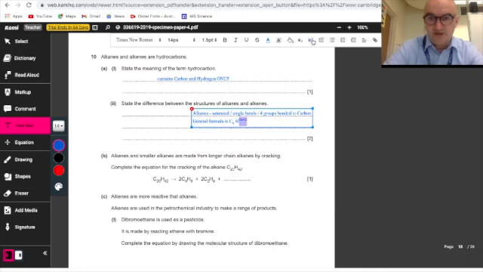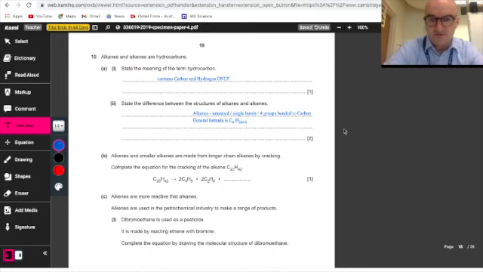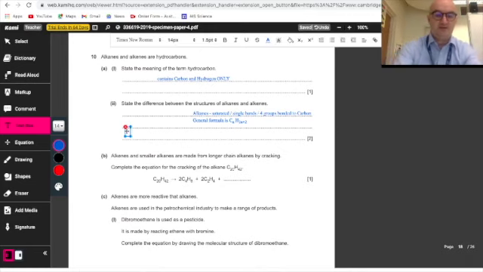So the amount of hydrogen is double the amount of carbon plus 2 for an alkane, whereas for an alkene the general formula is CnH2n, so it's double the amount of hydrogen as there is carbon.